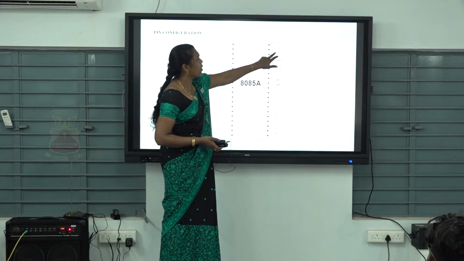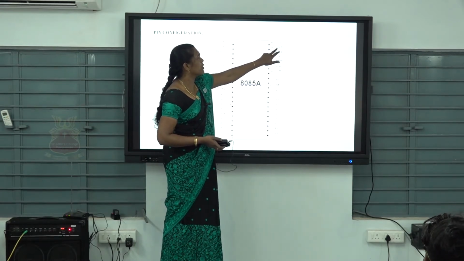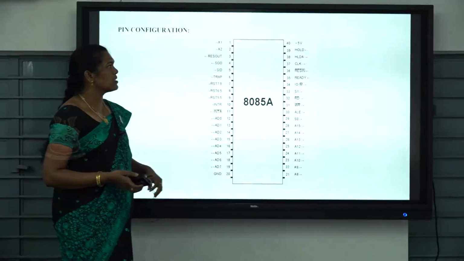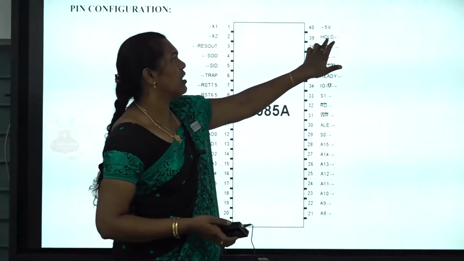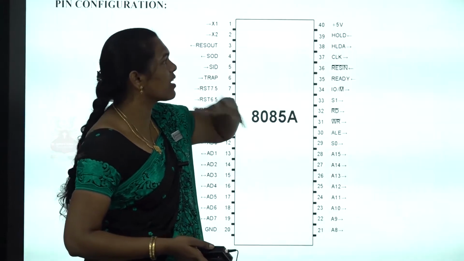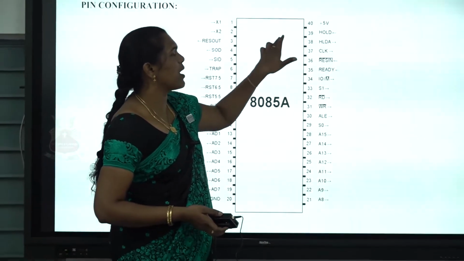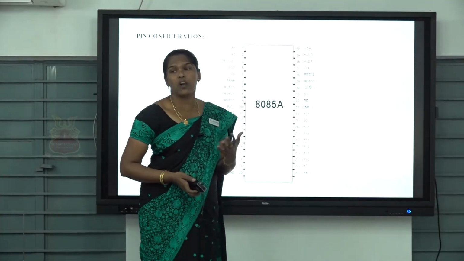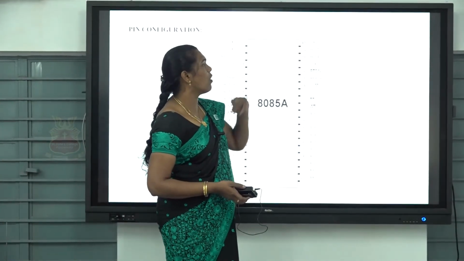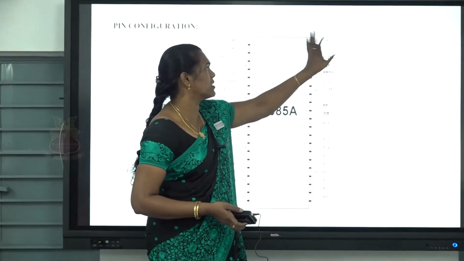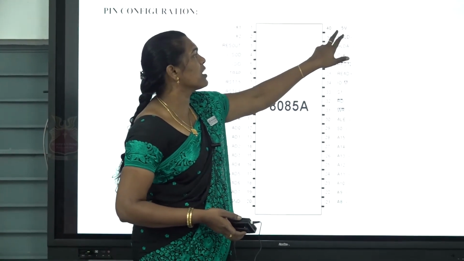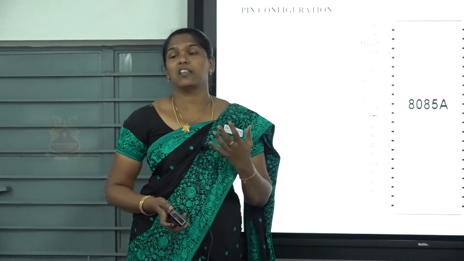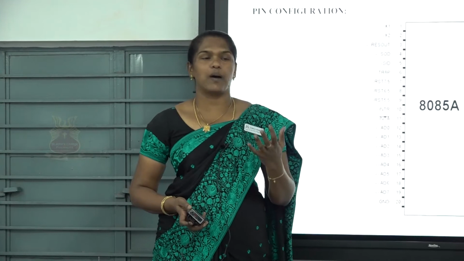Then HOLD and HLDA. Hold means tri-stated. If the pin recognizes the hold signal, then the microprocessor gives us the HLDA signal, hold acknowledge. HOLD is an input pin, HLDA is an output pin. Here the program counter is tri-stated, that is all the buses.